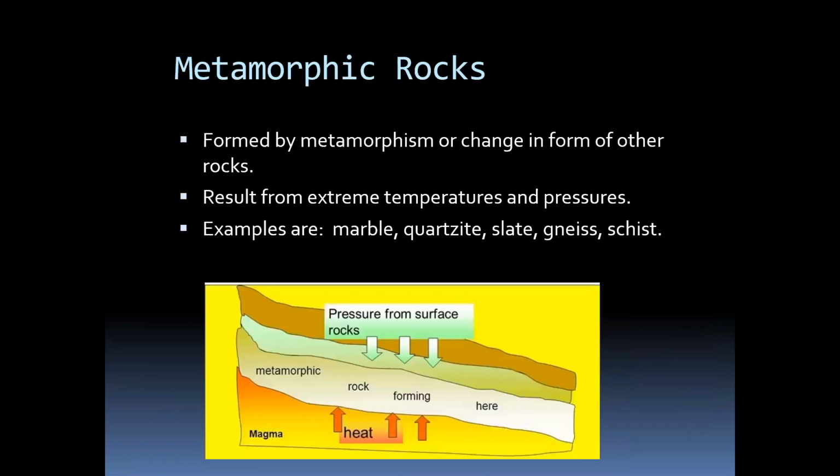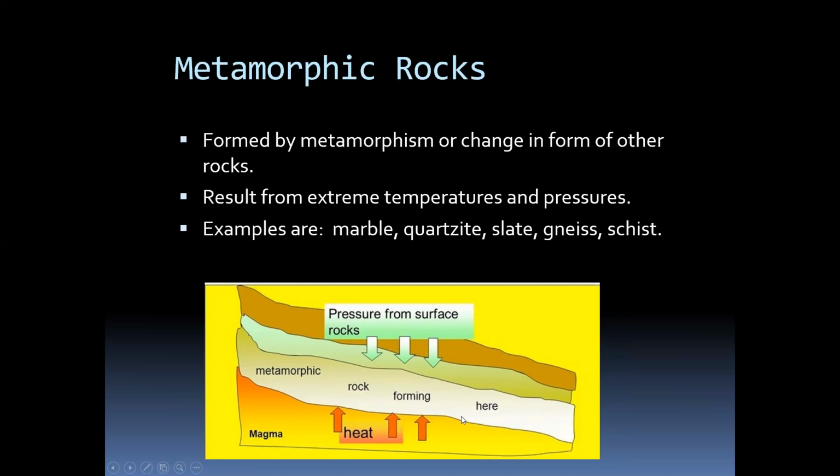If we look at the third type of rocks, we have the metamorphic rocks. Metamorphic rocks are formed through a process called metamorphism, which describes a change from one form of rock to another. When you have pressure and heat, because if you go down into the earth, closer to the core, the heat increases, the pressure from the surface rocks and the heat lead to the formation of metamorphic rocks.